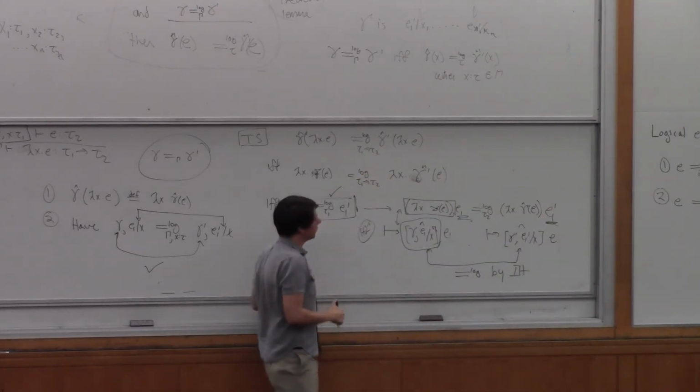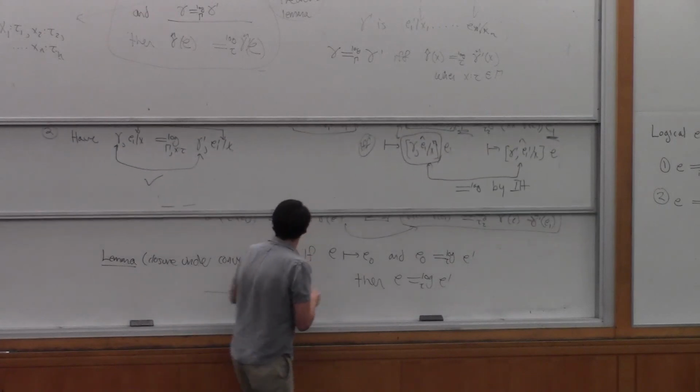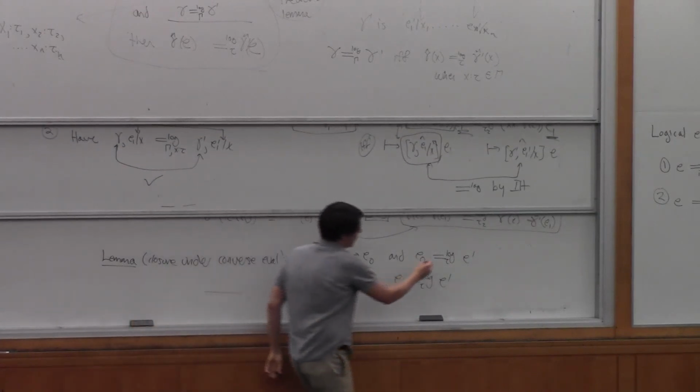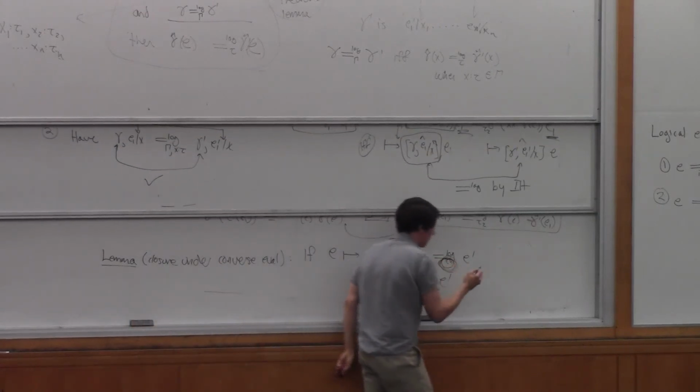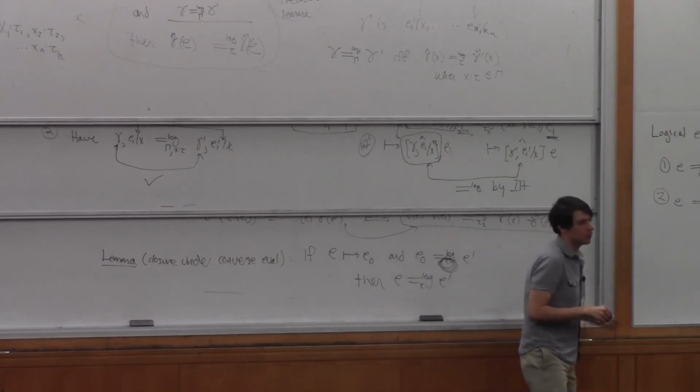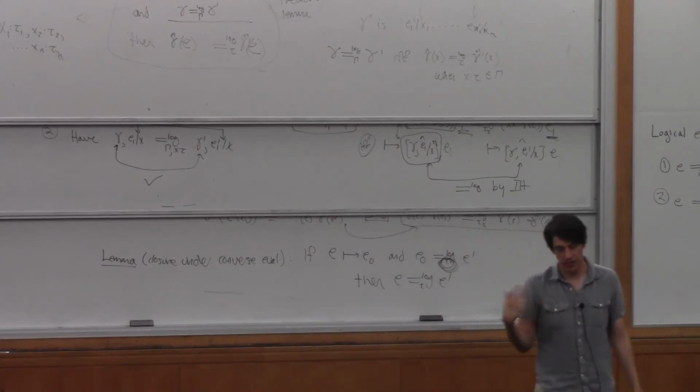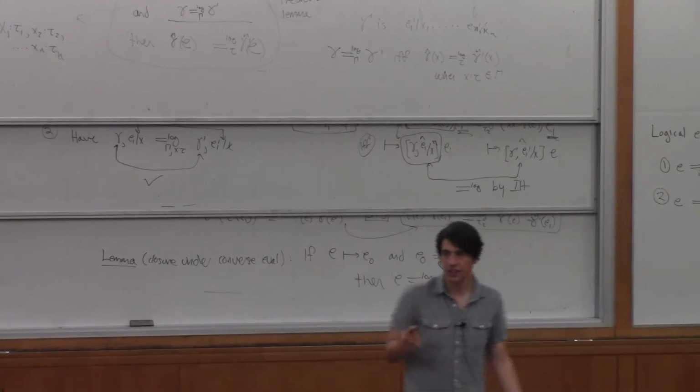So that closure under converse evaluation is something you have to prove by induction on tau, and that'll be one of the problems in the handout for the hands-on session today. Yeah.